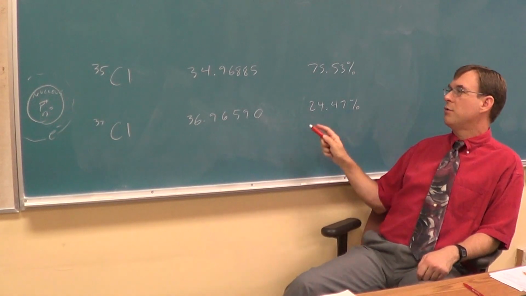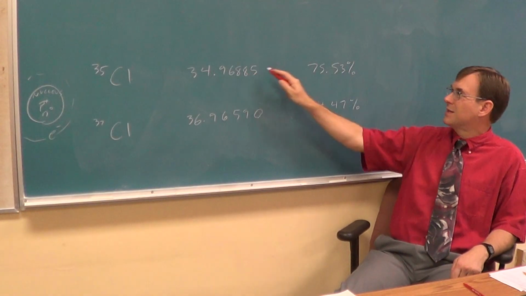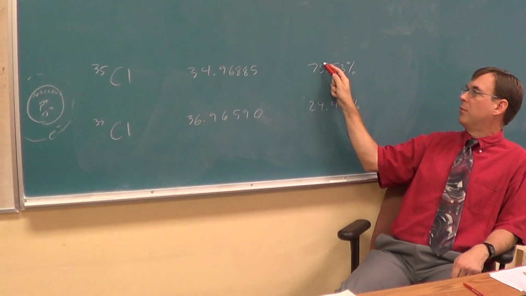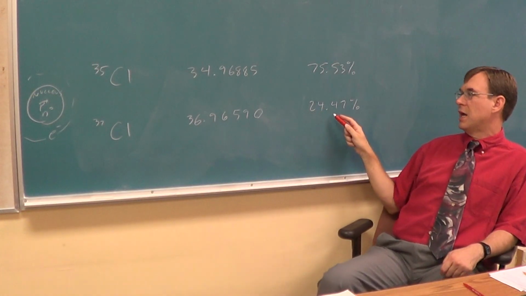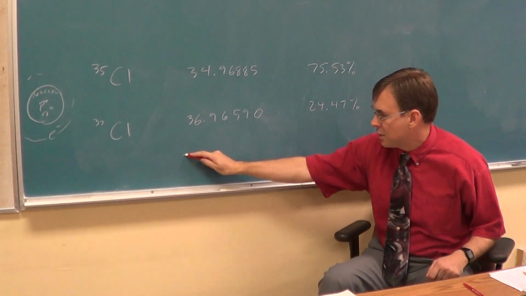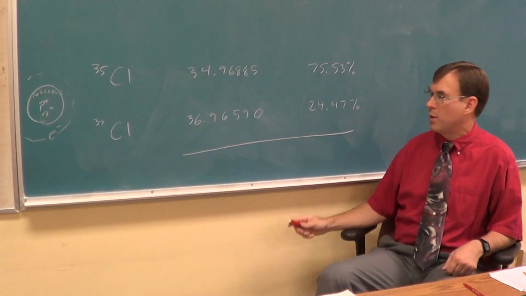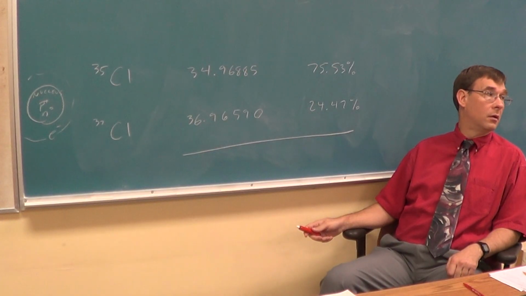And then they're going to tell you what percentage each is. So if this is about 75% common, and this isotope is about 24% common, does anybody know how you could run some math here to come up with like a total average of how much mass chlorine in general could be expected to have? Multiply across in the back here.